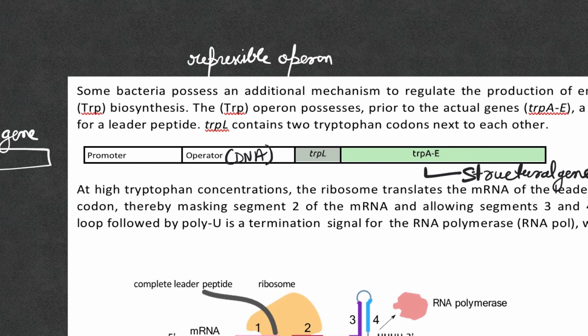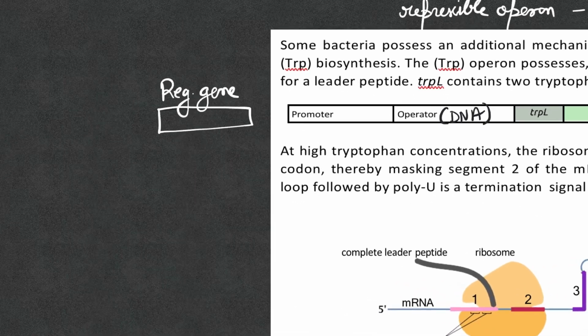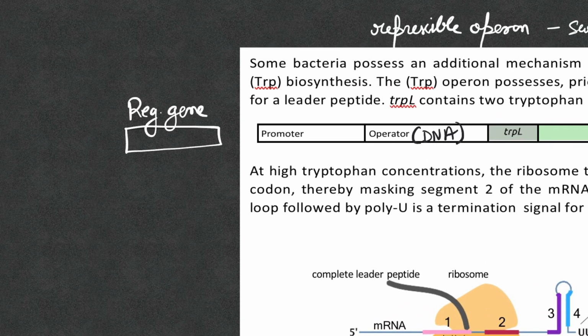The word is very clearly stating it out. An operon which can be repressed or which could be switched off. Usually it would be in a switched on state, but something switches it off. What does switch it off? Here comes the regulatory gene, which when transcribed and translated would produce a repressor.